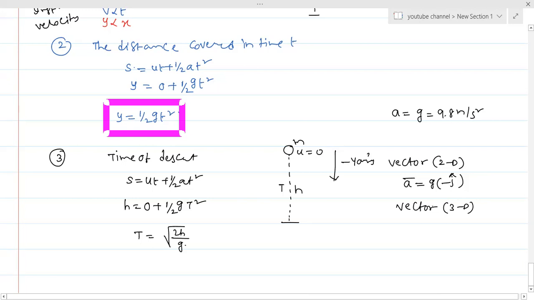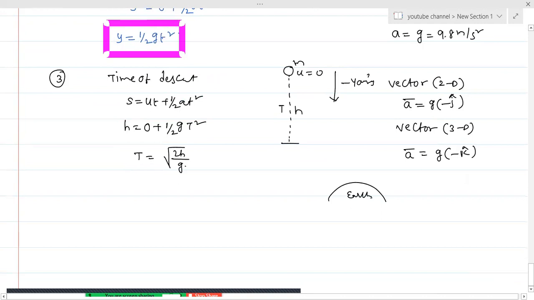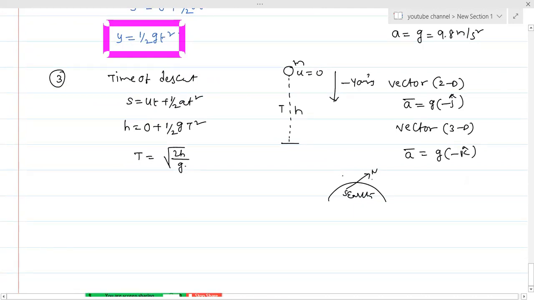Suppose in some topics there is a need to narrate the story in 3D. If it is moving three-dimensionally, then generally we will take a bar equals g into minus k cap. Because, for example, if this is the earth, on the earth we are taking, this will be the north and this will be the south, and this will be east and west.